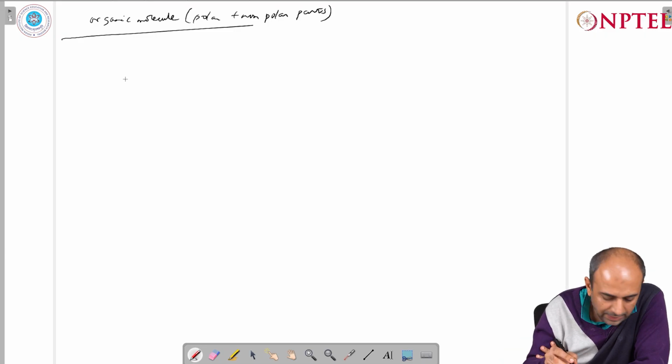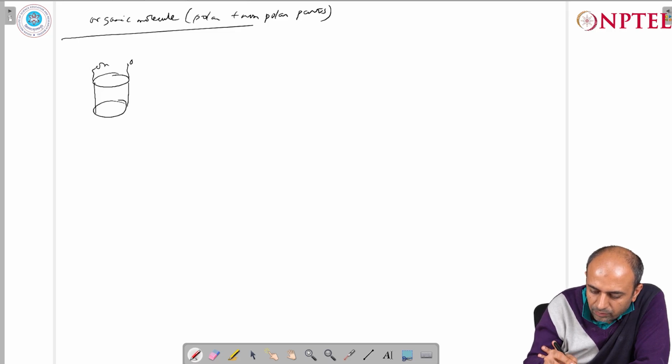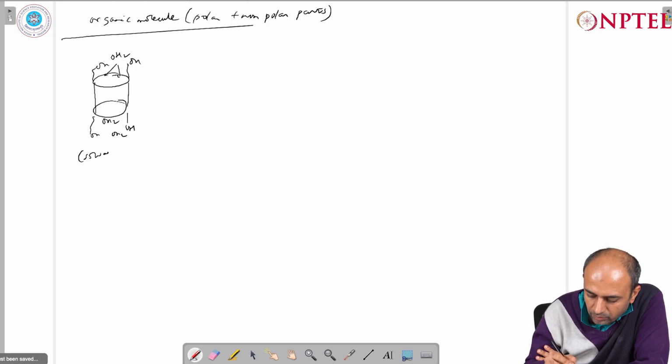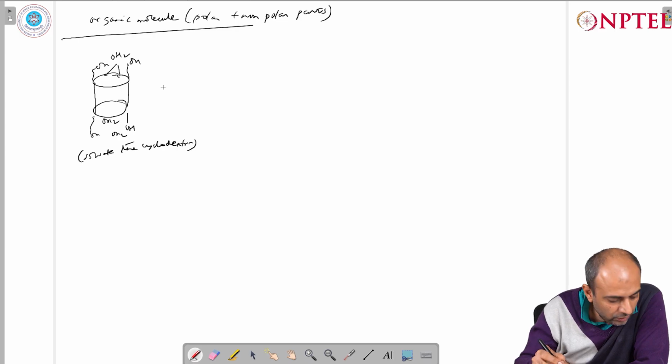Let us consider, for example, cyclodextrin, which has some polar heads, and it is solvated. So there are water molecules which solvate the cyclodextrin, and now you add a guest.